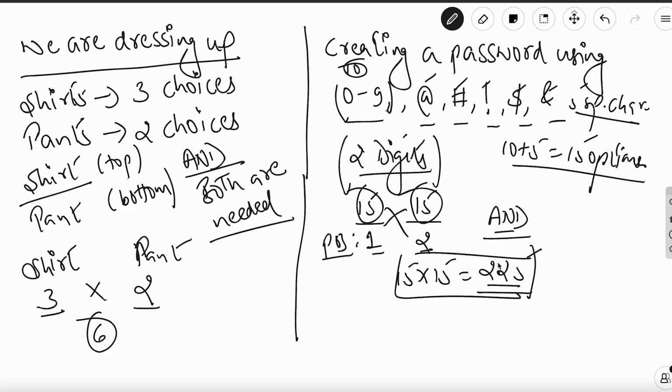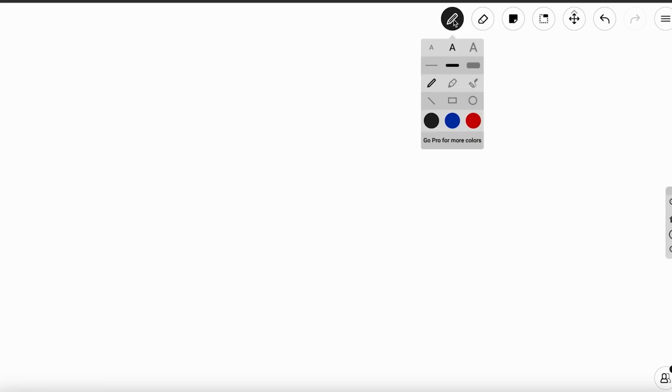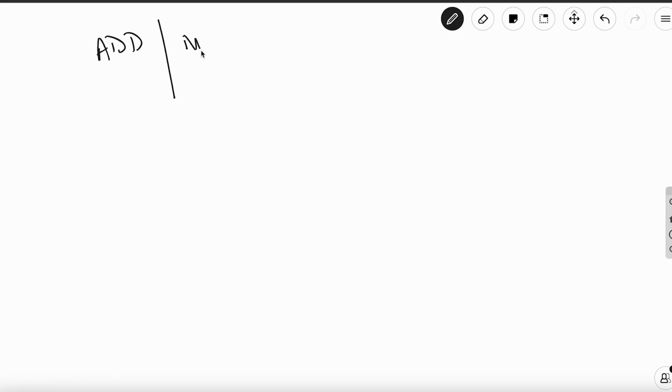So what differentiates whether we have to go with the fundamental principle of addition or with multiplication? Do we need to add or do we need to multiply?